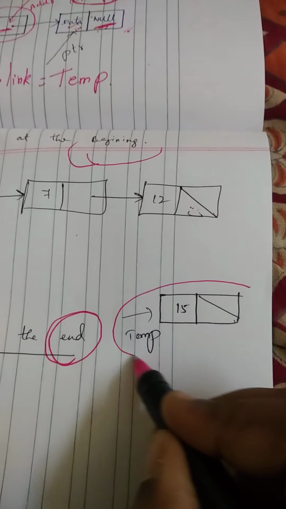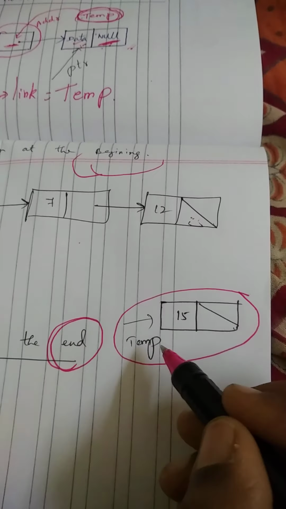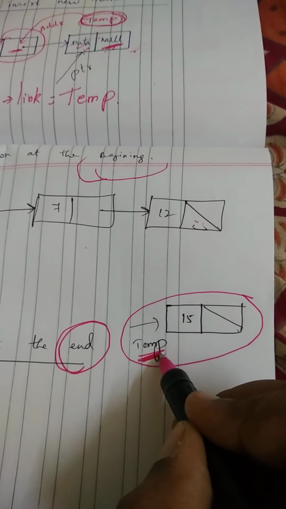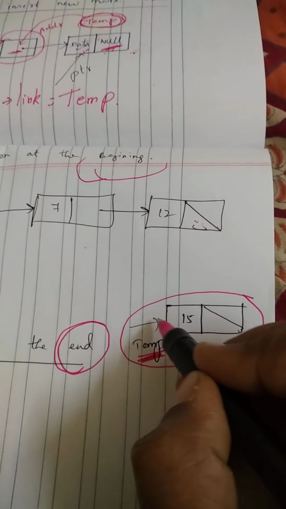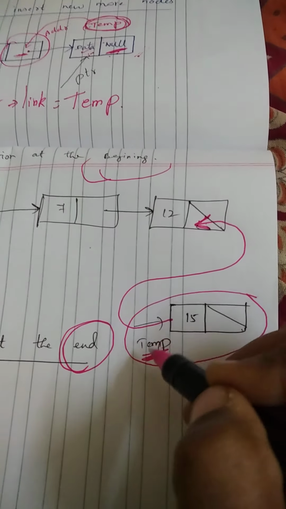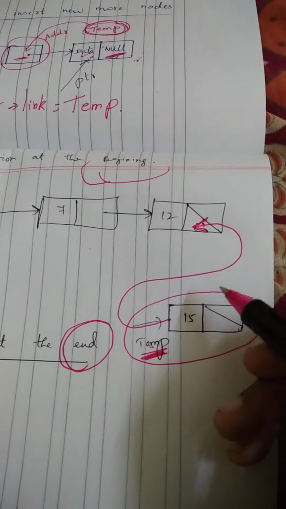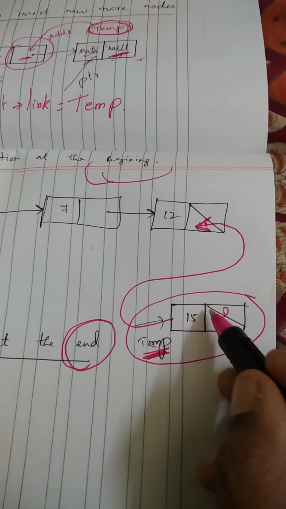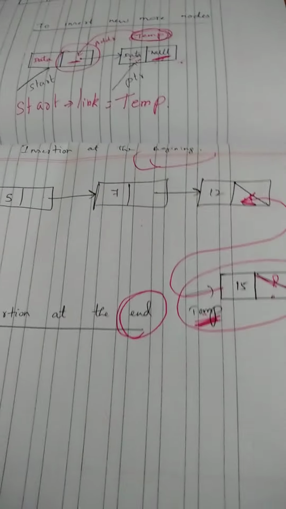So see, this is the temporary node. I want to insert this at the end. This node may have one address value, and this address value should be assigned to this node. And automatically this is the last node, so you have to keep this as a null value.